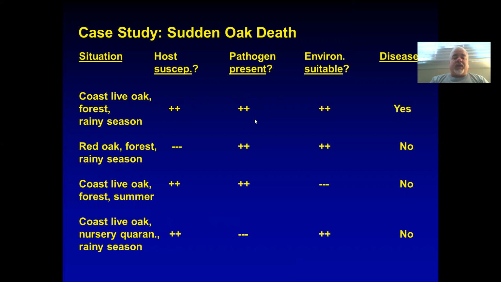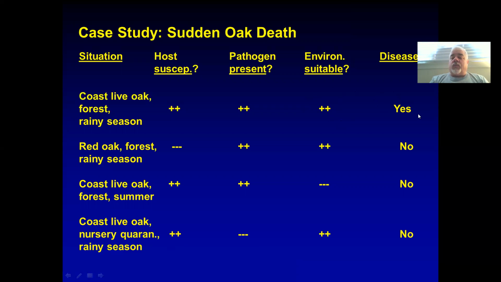The pathogen present? Well, in forests of California, yeah, it's present everywhere. This Phytophthora is everywhere throughout the forests of the western United States. Is the environment suitable? It's the rainy season.